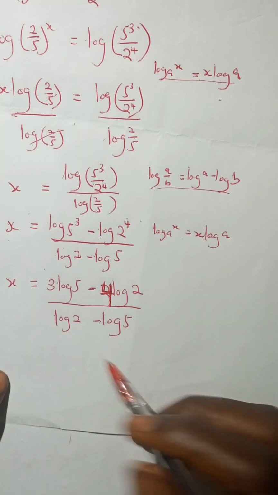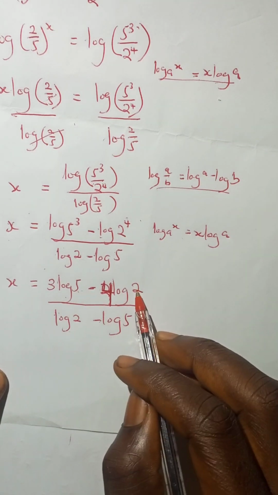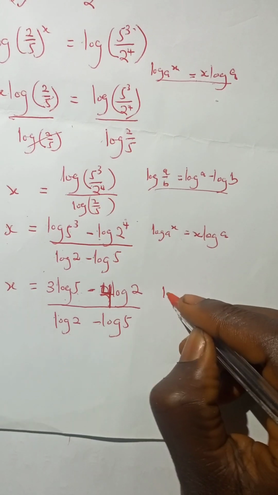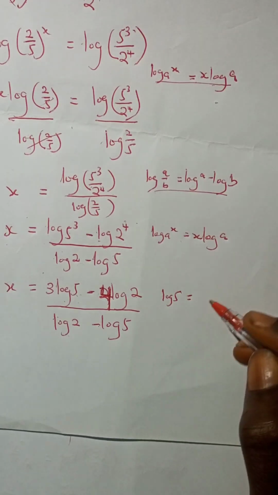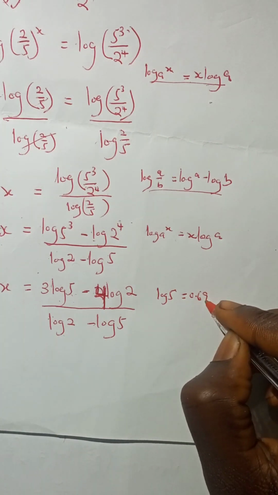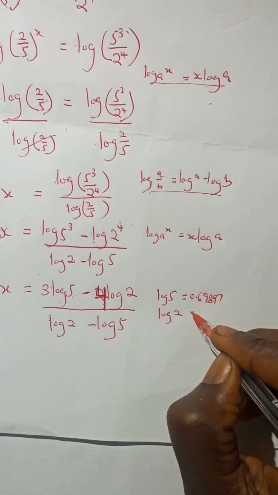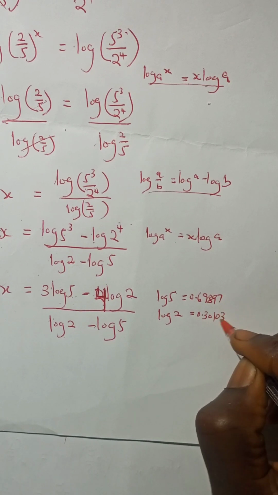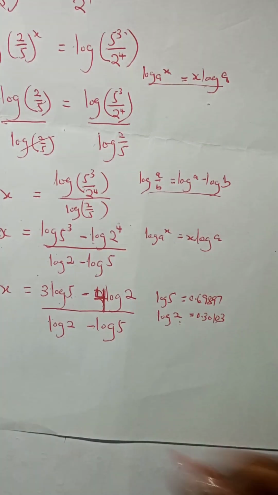Okay, so here we need to find log 5 and log 2. And we know that log 5 gives us 0.69897 and log 2 gives us 0.30103. So let's substitute log 5 and log 2 into our equation.